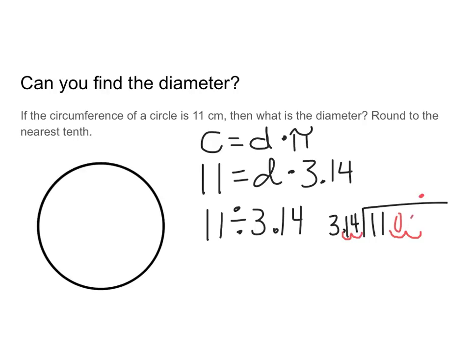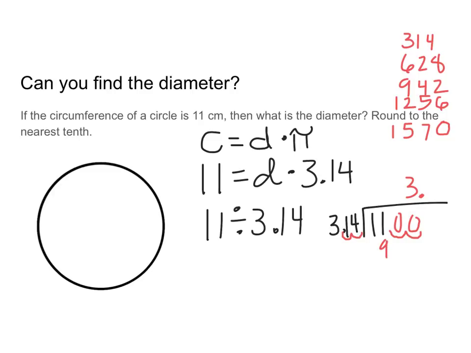Put it up there and put zeros in those spots. So now I want to know, how many times does 314 go into 1,100? I'll make my list of 314s. So there's my first 5. So I can see 314 goes in 3 times, which gives me 942.